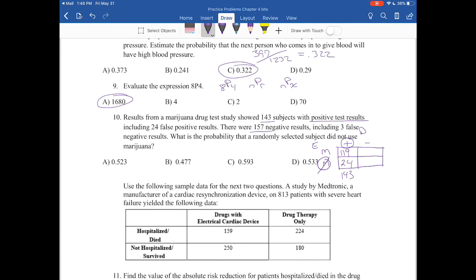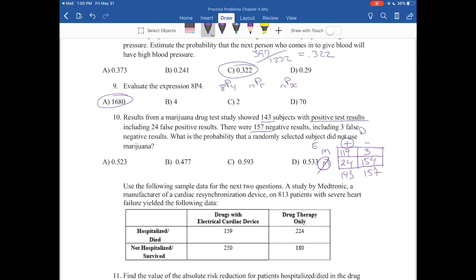Moving along, there was 157 negative test results. So here's 157 negative test results, with 3 being false negatives, meaning that they did do marijuana but they tested negative. And then that gives us 154.